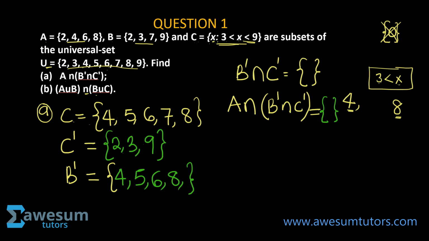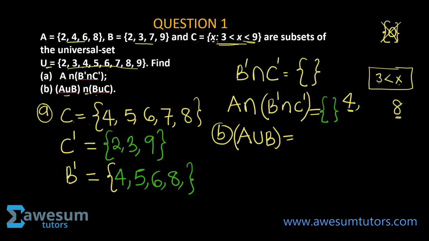Let us look at the second problem set, which says A union B, in bracket, intersection B union C. So now if you want to do that, first of all, work out the problem of A union B. What is A union B first of all?